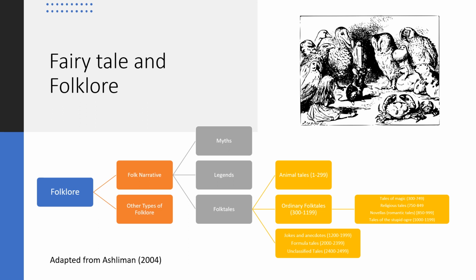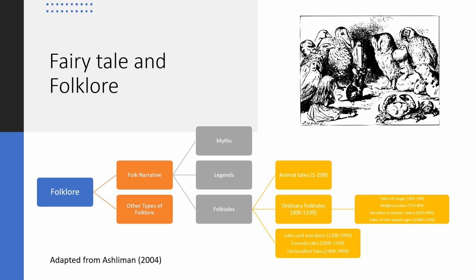Well, the answer is that many scholars, such as Jack Zipes, Ashliman, and Lüthi, agree that fairy tales were rooted in the oral tradition of folklore, particularly folk tales. Especially Jack Zipes, he argues that fairy tales are the literary version of folk tales. In other words, fairy tales were adapted from folk tales.